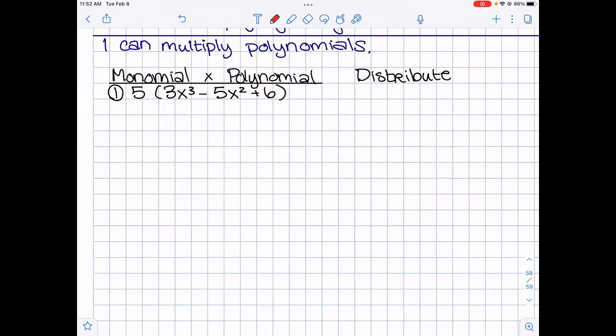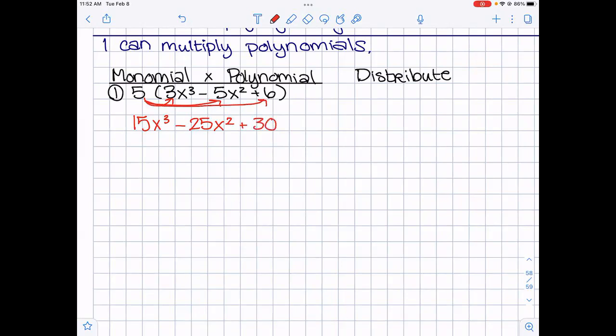So we take 5 times 3x cubed. What's 5 times 3? 15x cubed. Okay, then we do 5 times negative 5x squared. Negative 25x squared. Then we take 5 times 6. 30.